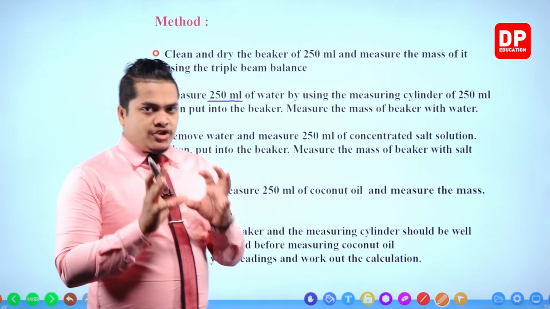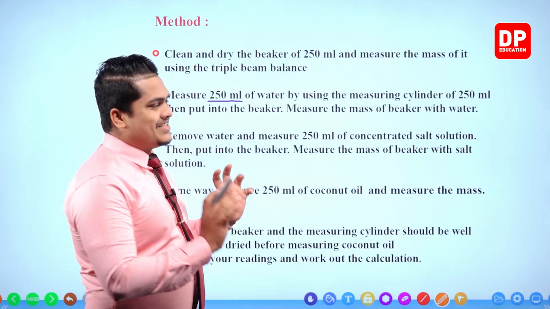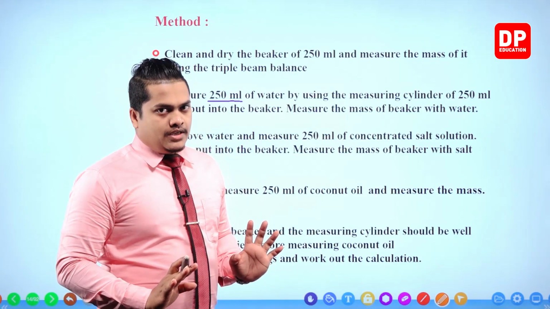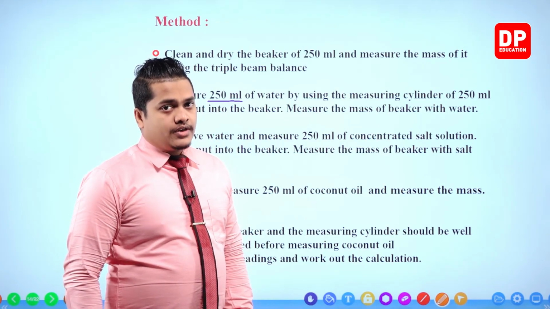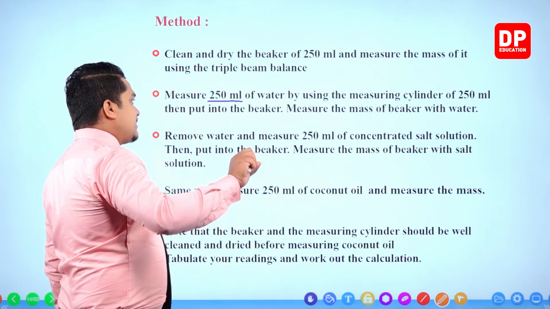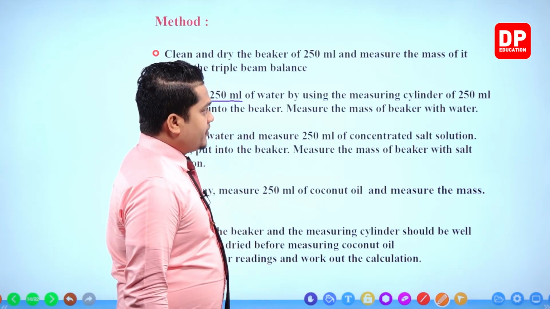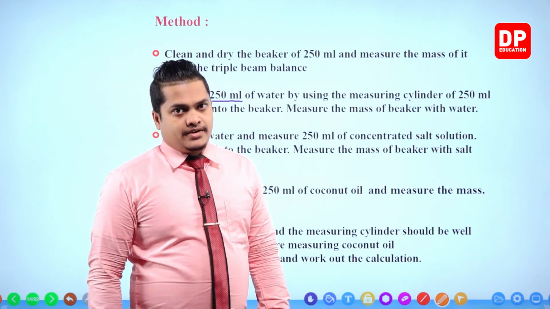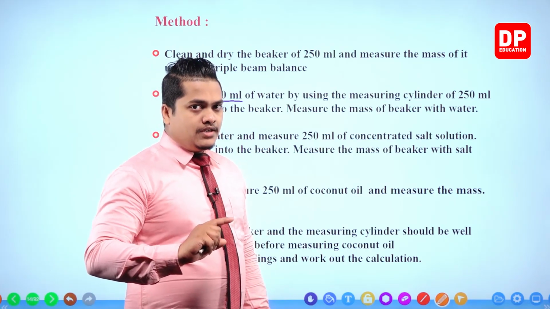So you have to measure 250 milliliters by using the measuring cylinder. You have to measure 250 milliliters of water using the measuring cylinder first. Then you have to insert that water into the beaker. We measured the empty beaker earlier.